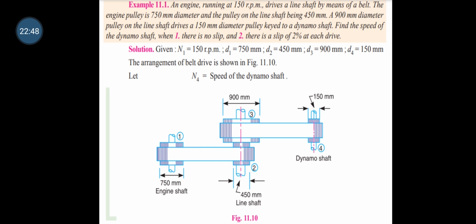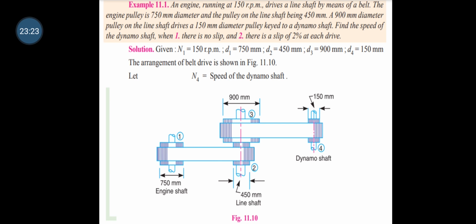Conditions for finding the speed of the dynamo shaft: the first one is that there is no slip, and the second is considering 2% of slip at each drive. So this is the problem. The picture shows the 750 mm engine shaft, and the line shaft of 450 mm.